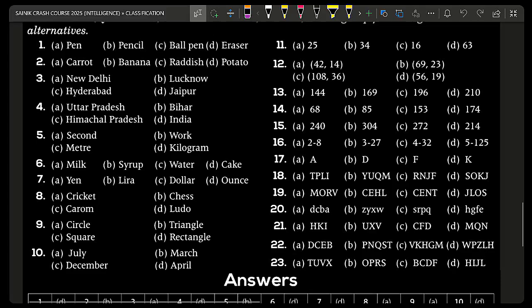D, consonant. F, consonant. K, consonant. So which is the odd one out here? Sir, A. What is the reason you will write? Except A, remaining are consonants. Yes, that you should write.